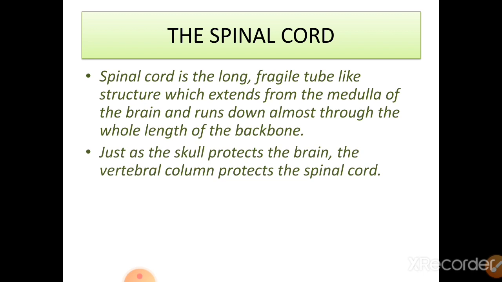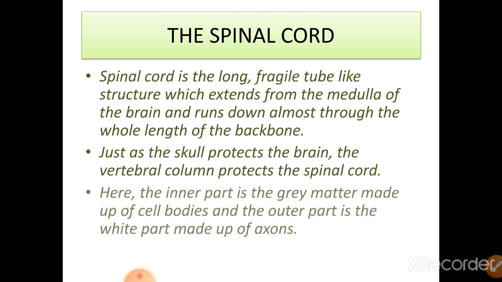The spinal cord is also a sensitive structure, so it has to be protected by a bony structure. Here the inner part is the grey matter made up of cell bodies, and the outer part is white matter made up of axons.